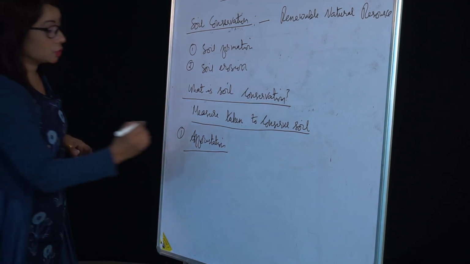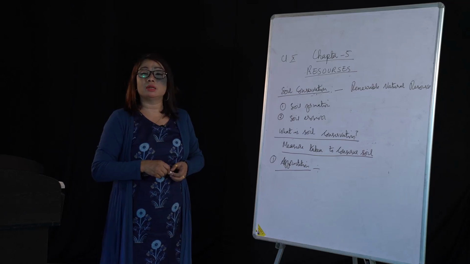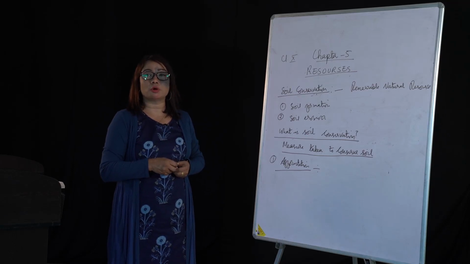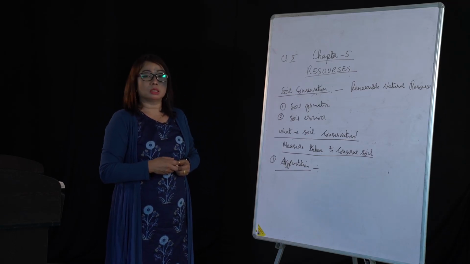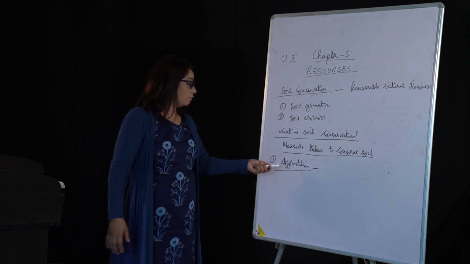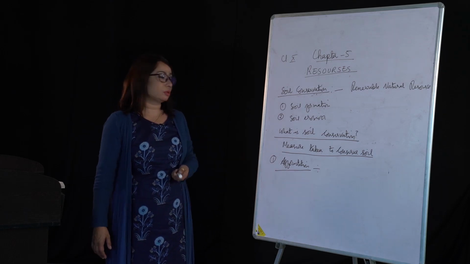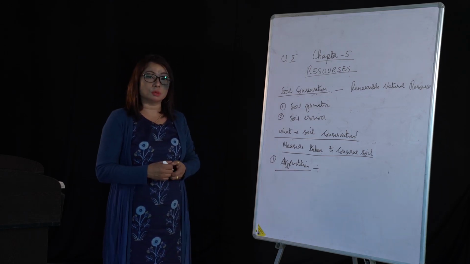What is afforestation? Afforestation means protecting the land areas that are under forest or trees. Protecting the areas under trees is called afforestation. So planting trees is a very good method of soil conservation.